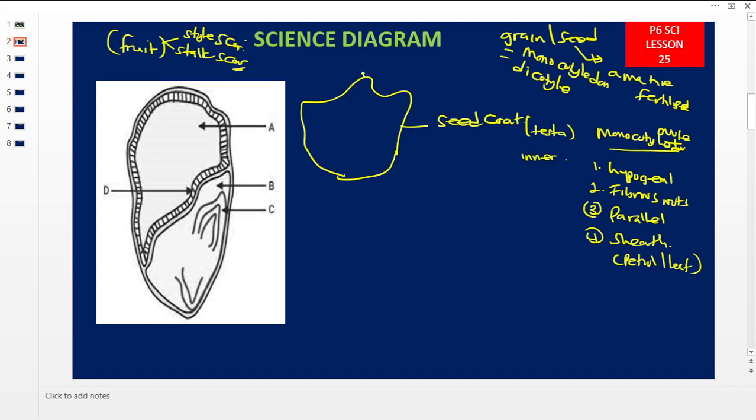Now we have this upper bulge, which is called the style scar. This was the connection to the ovary. Then down here we get this scar, which we call the stalk scar. This scar is very important in that it holds the grain onto a cob.